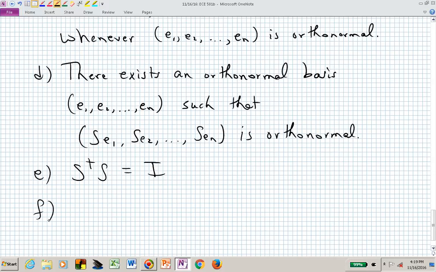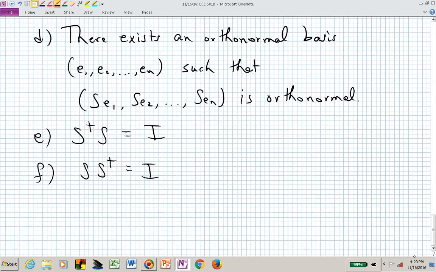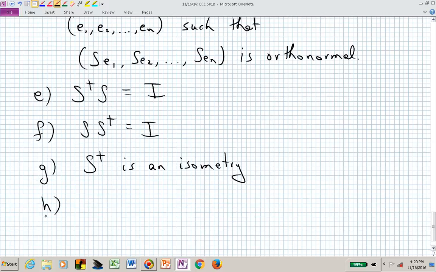Then we have F, which says that S applied to the adjoint is also the identity map. G, the adjoint of that isometry is an isometry. And H, S is invertible, and the inverse of S is actually, if you just look at E and F, going to be the adjoint of S.